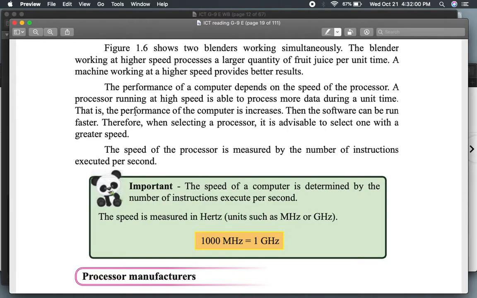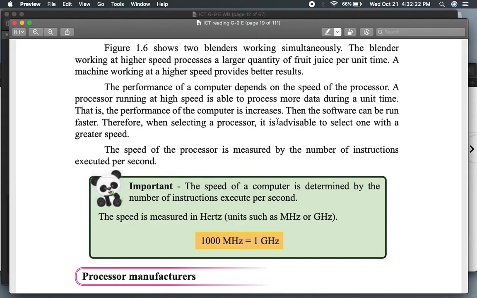That is, the performance of a computer increases, then the software can be run faster. So when the processor is better, whatever software you have on the PC will run faster.